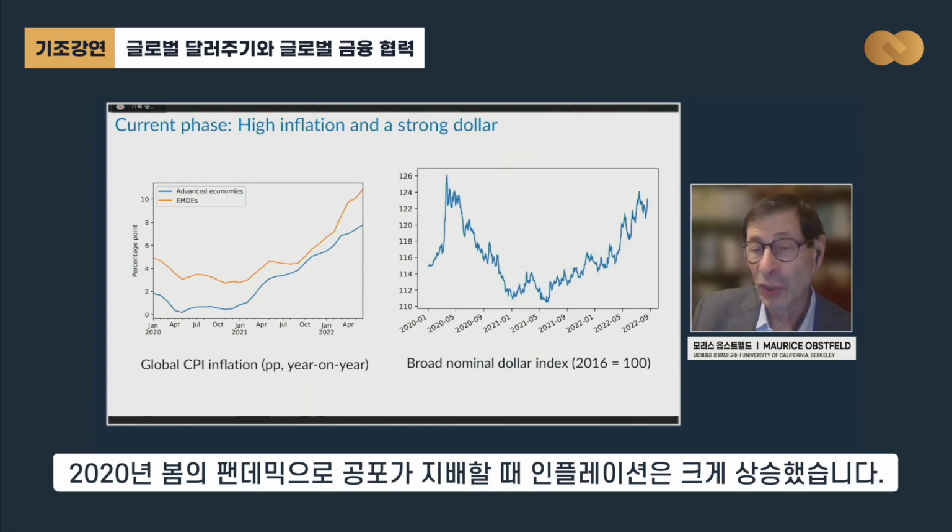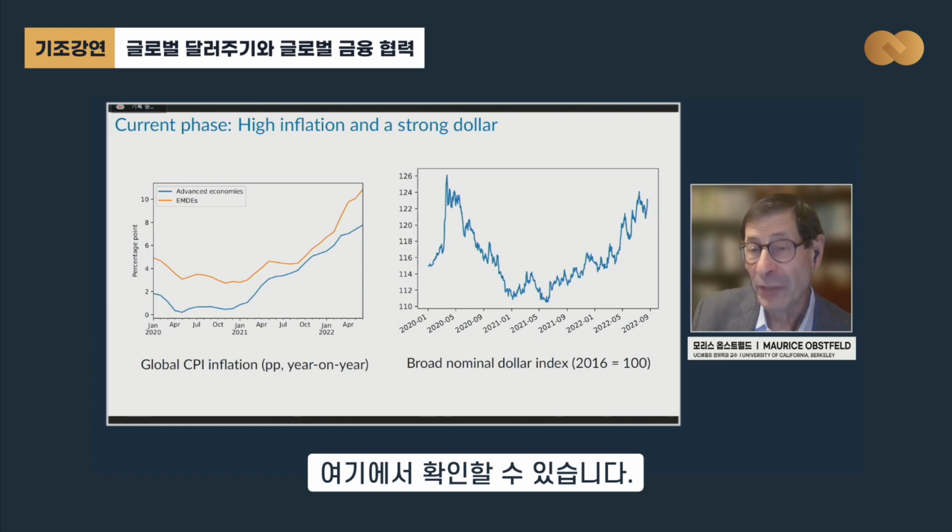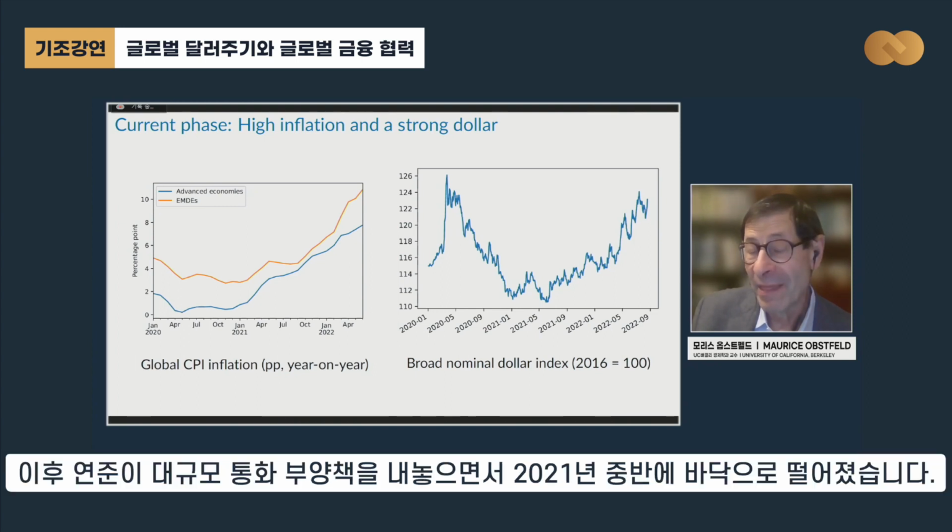It strengthened sharply in the panic of the spring of 2020 as the pandemic emerged, and you can see that here. Then as the Fed rolled out massive monetary stimulus, it fell, reaching a bottom in the middle of 2021.